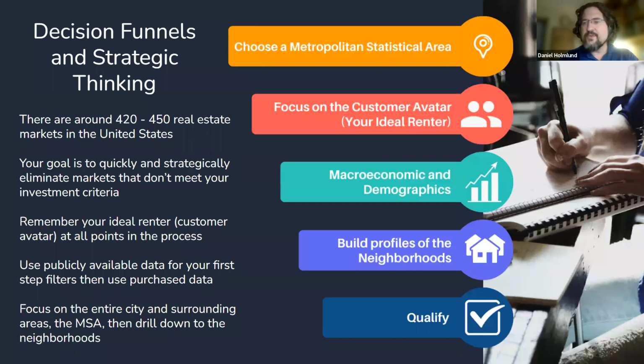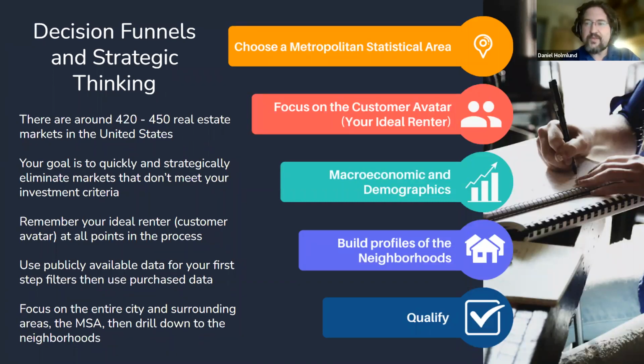So once you find a metro area that may or may not fit your qualifications on a macroeconomic and demographic trend, if you think it has potential, you should start doing deep dives into particular areas, because as the people over at propertyradar.com like to say, all real estate investment is hyper local, meaning that the block that you're on as opposed to the block next to you might make a lot of difference in the way your property performs.